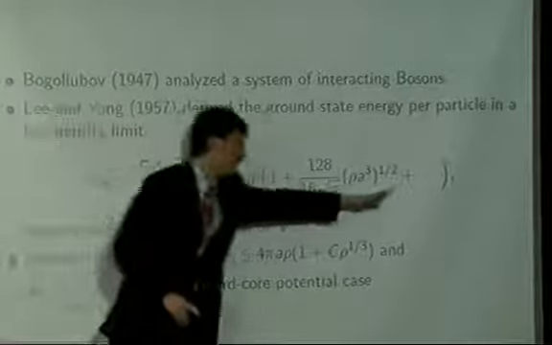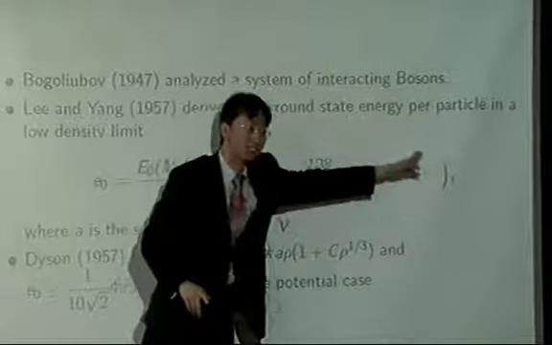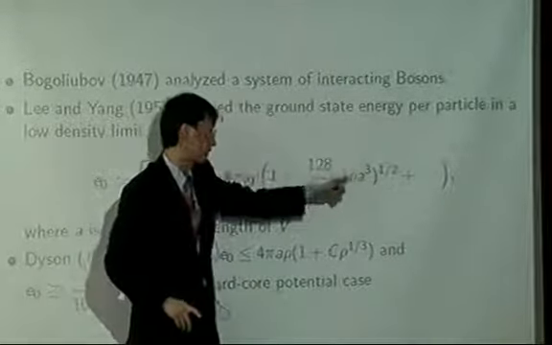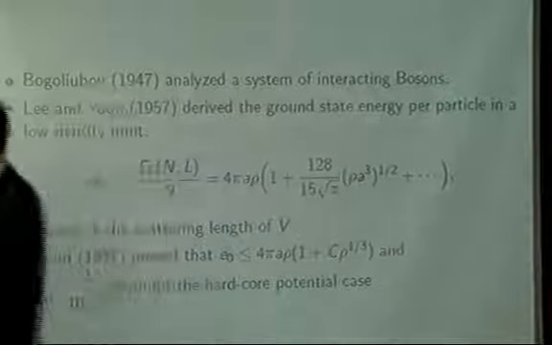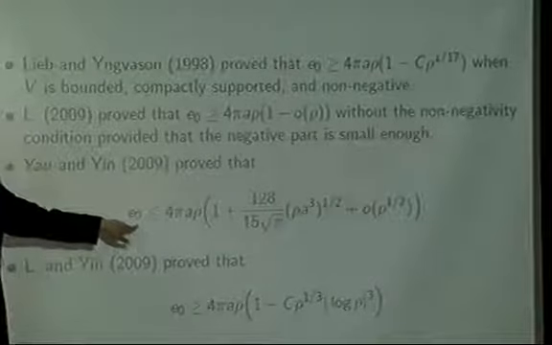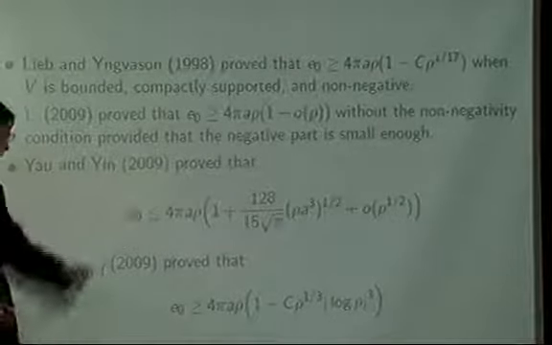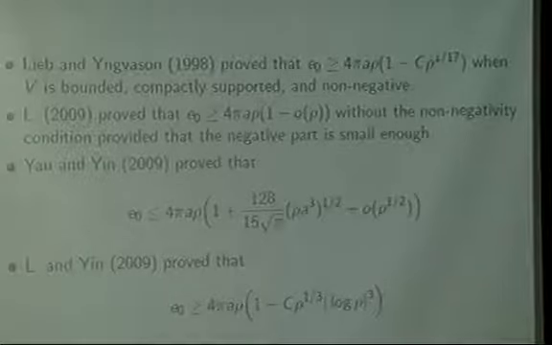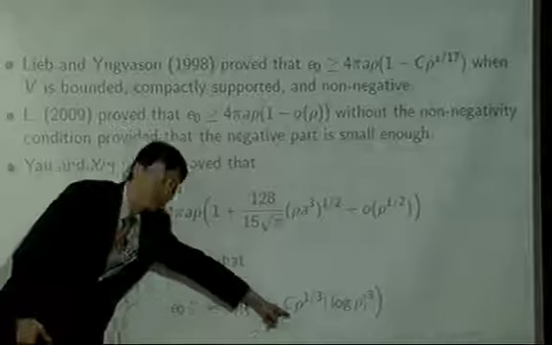And some other terms as an error must be very small, much smaller than this. And Yau, my advisor, and Yin proved this upper bound. And my second work with Yin was to prove the lower bound for the second order correction term.